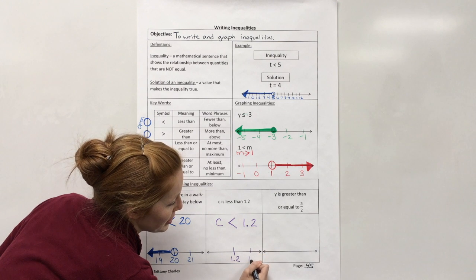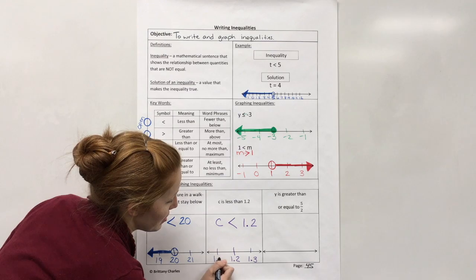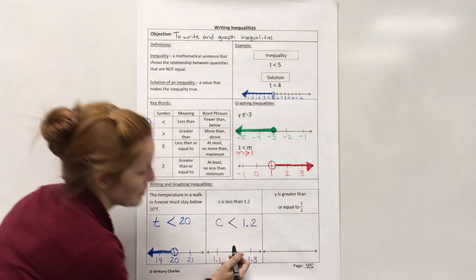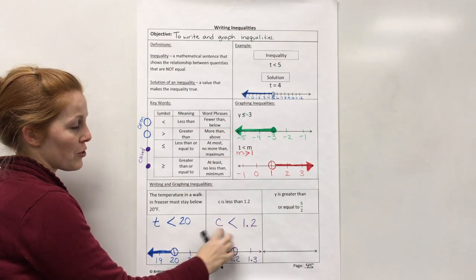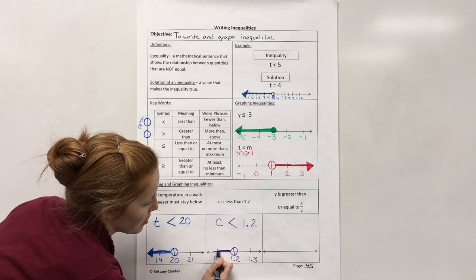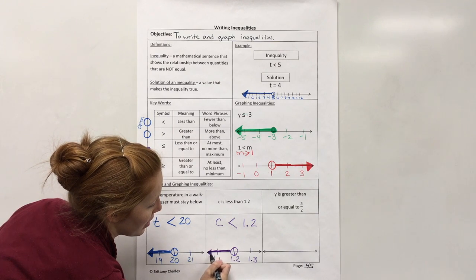Maybe 1.3 we could put next, count by tenths. 1.1 we could put here. It's an open circle because there's no equal line. So open, it's pointing to the left. My variable's first, so I can look the way it's pointing to the left. So I can put my arrow this way. And there you have it.